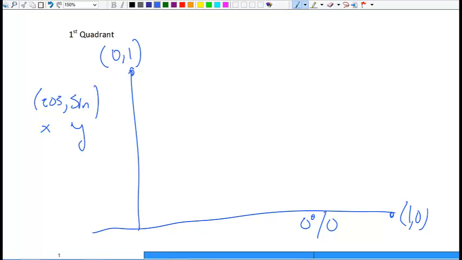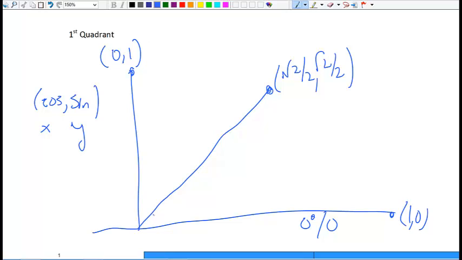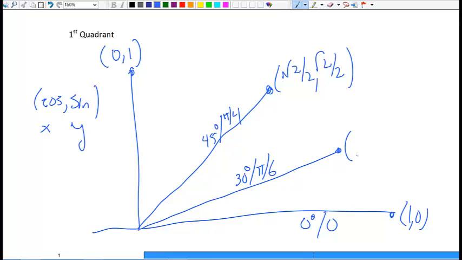So if I start at, say, 45 degrees right here, I get square root 2 over 2, comma, square root 2 over 2. And that would be 45 degrees or pi fourths. If I go 30 degrees, or pi sixths, I get the cosine of square root 3 over 2 and the sine of 1/2.